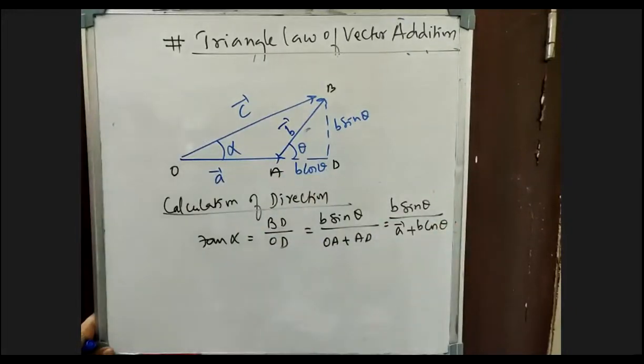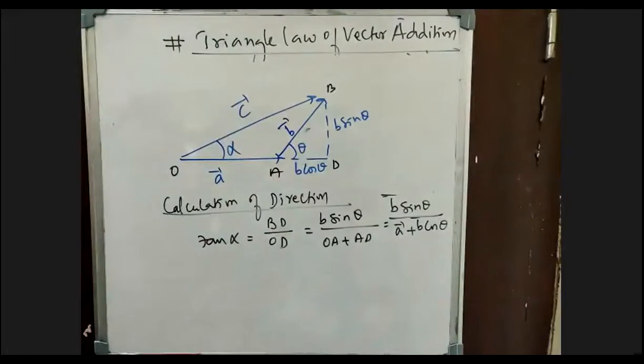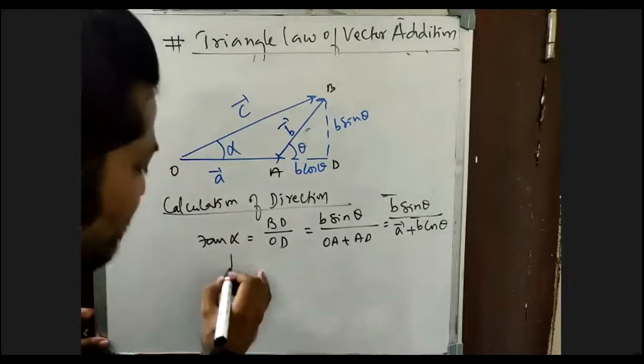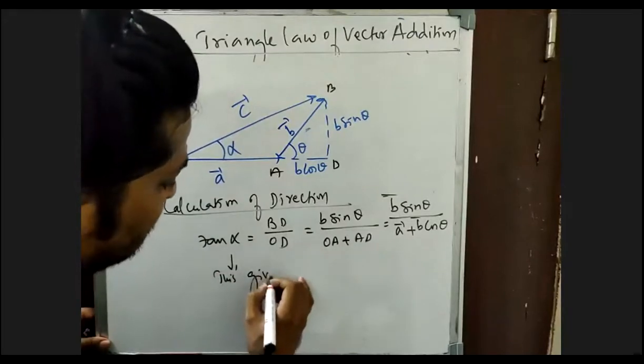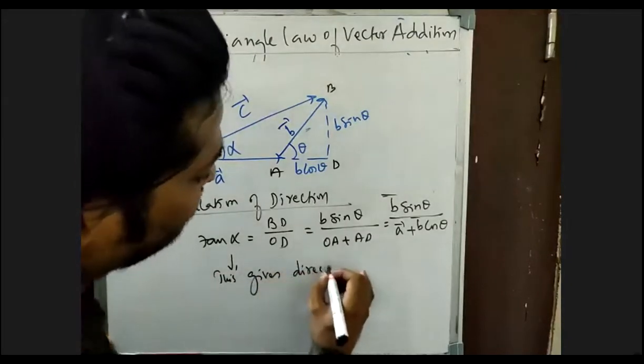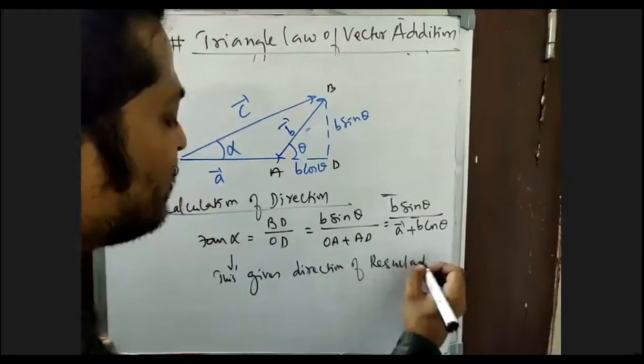So tan alpha is equal to B sine theta by A plus B cos theta. Just assume that these are vector quantities. This gives the direction of the resultant vector.